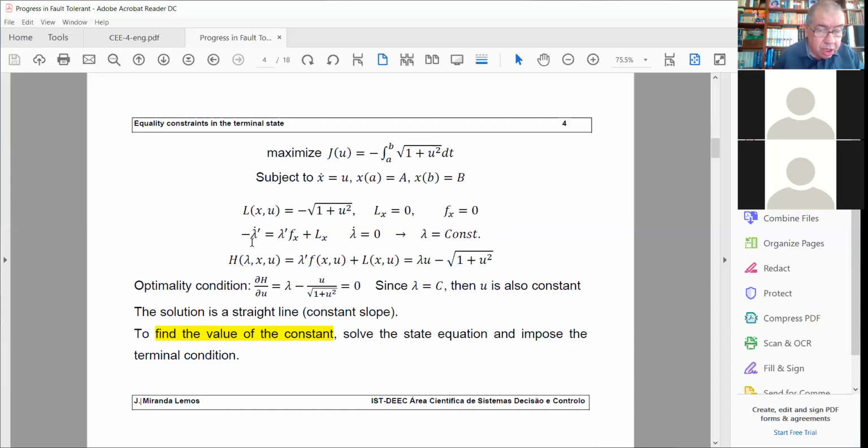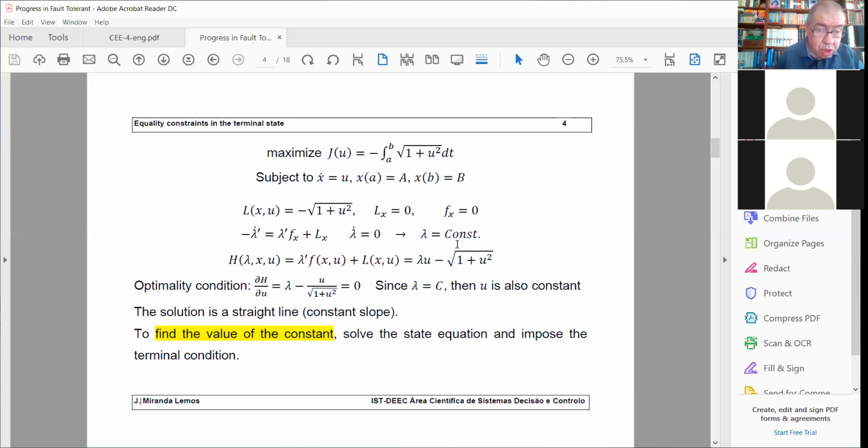If you write the adjoint equation for this special case, f of x is 0, L of x is 0, so lambda dot is just 0, lambda is a constant. But you can't say which constant it is at this moment because you don't have any terminal condition for lambda.